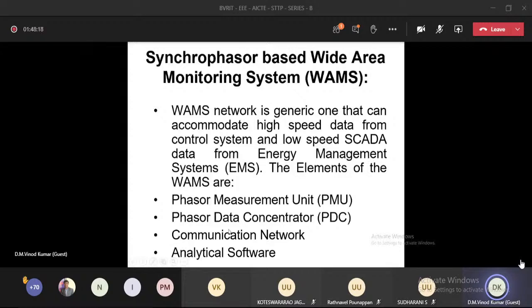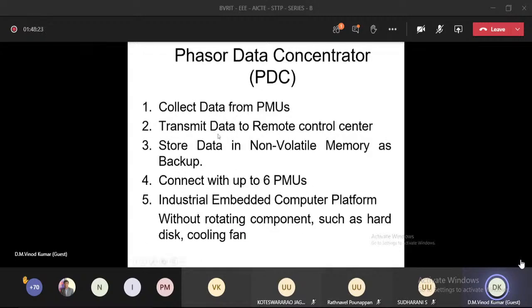The PDC, the phasor data concentrator on the higher side, collects data from PMUs, connects up to 6 PMUs as of today, transmits data to remote control centers, and stores data in volatile memory as backup, on an industrial embedded computer platform without rotating components such as a hard disk, cooling fan, etc.